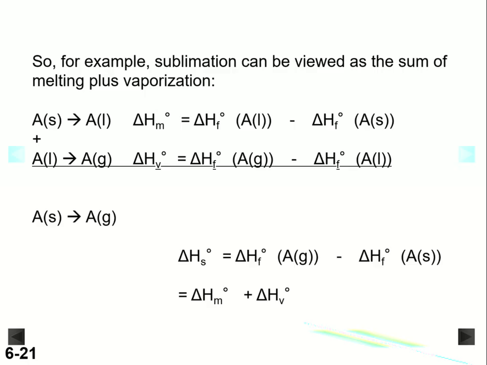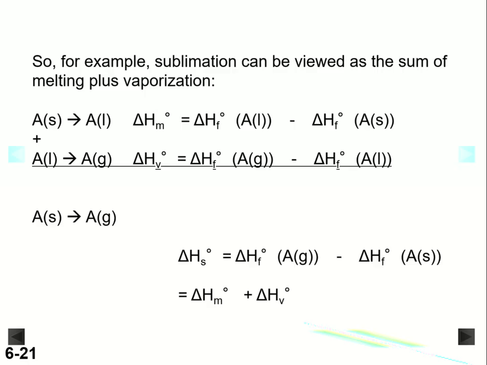So delta H sub m, zero, is the enthalpy of formation of a liquid minus the enthalpy of formation of a solid. And then our second reaction is a liquid going to a gas. That looks like enthalpy of vaporization. So that's simply the enthalpy of formation of a gas minus the enthalpy of formation of a liquid.